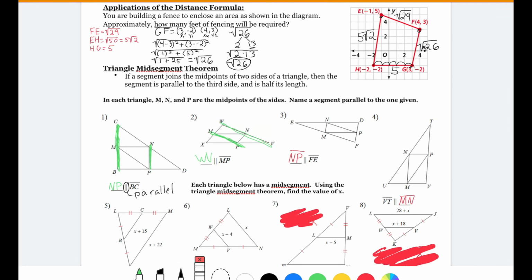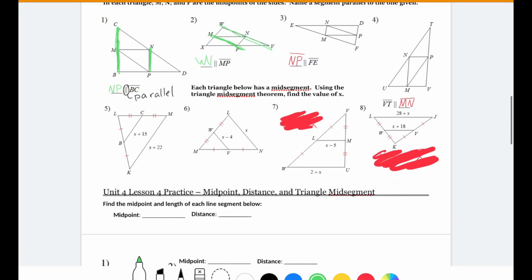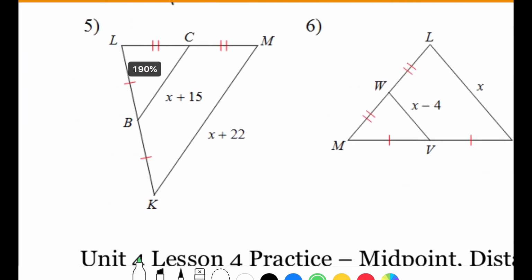So the theorem that I skipped right here, where it says triangle mid-segment theorem, is what I'm about to explain a little bit simpler than the words given. If you want the specific words, they are there, but I'm going to say it a little bit easier.